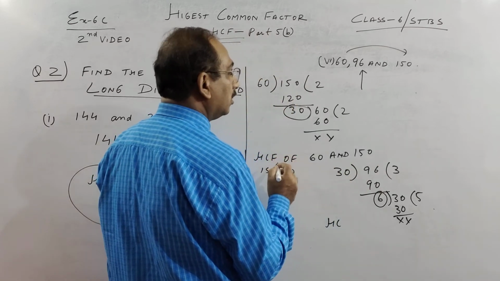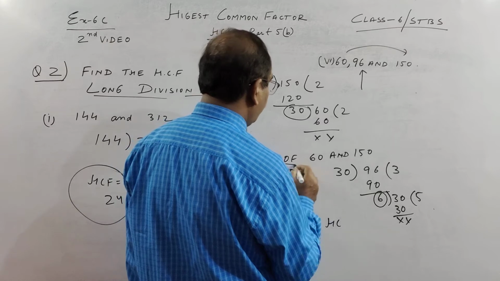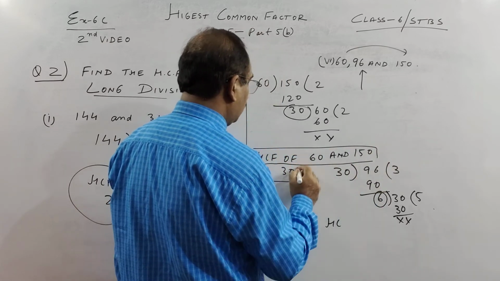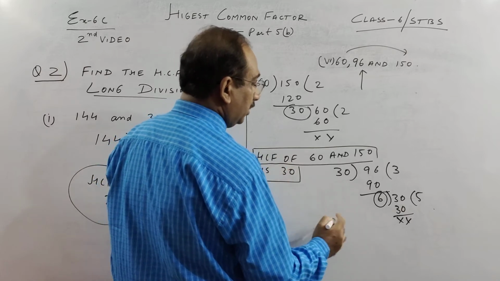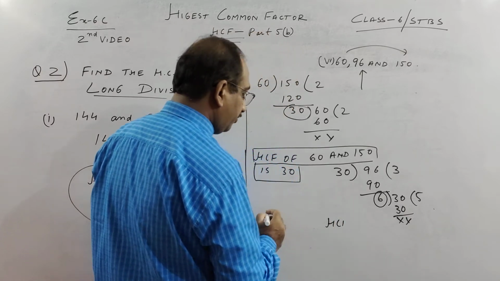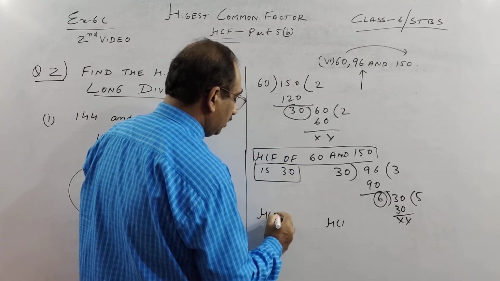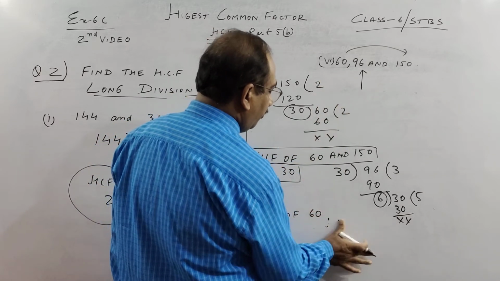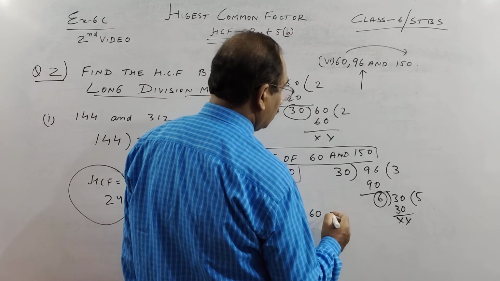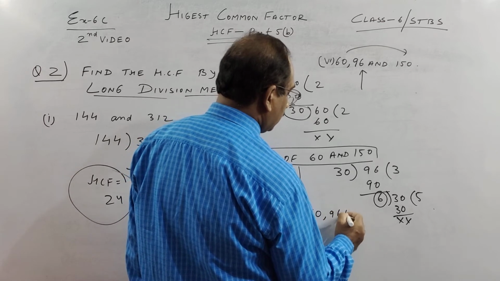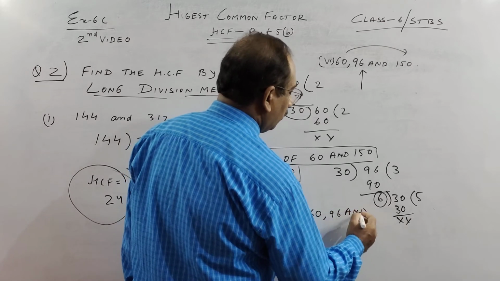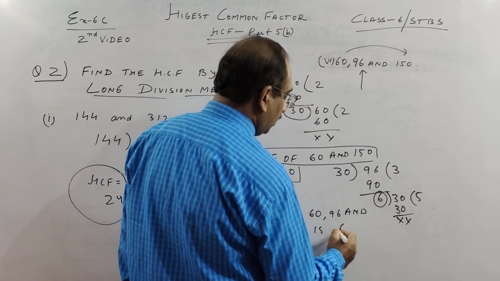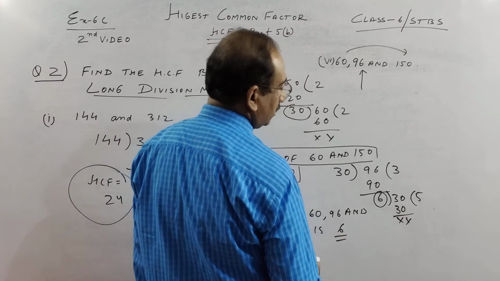This was the HCF of two numbers, 30. But this is the HCF of, I can write from here, the HCF of 60, 96 and 150 is, so the final is equal to 6.